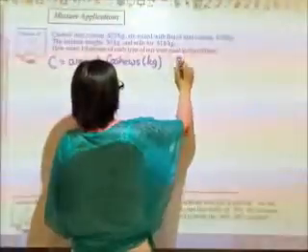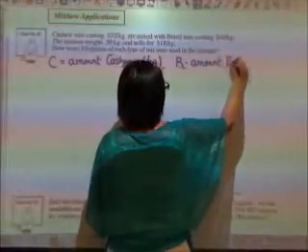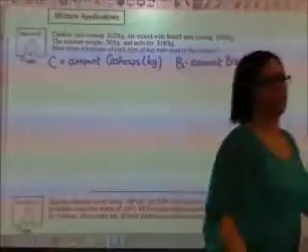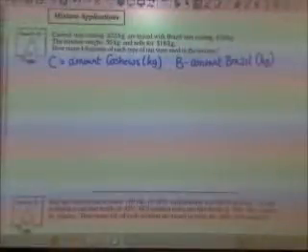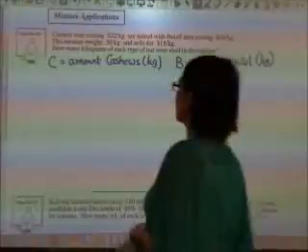And then B is the amount of Brazil nuts in kilograms as well. So what do I know about the amount of cashew nuts and the amount of Brazil nuts? There's 50 kilograms altogether, so how could I use that knowledge to write an equation? C plus B equals 50.